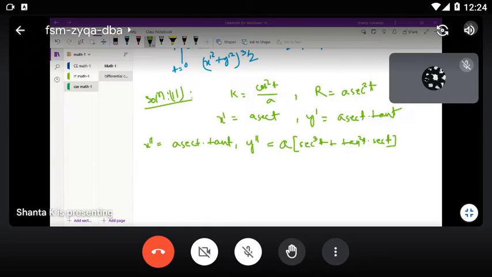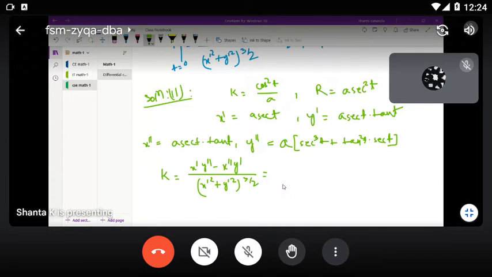Okay. So we're getting cos square. I didn't do the calculations, you have to do all the simplification.